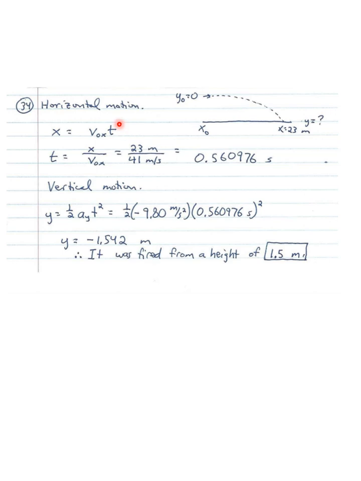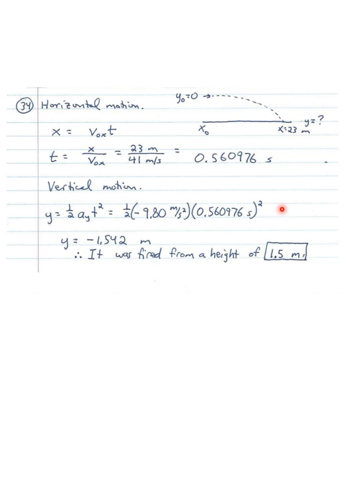And we solve it for time. So time is the horizontal distance divided by the horizontal velocity, 23 meters over 41 meters per second, and we get 0.56096 seconds.